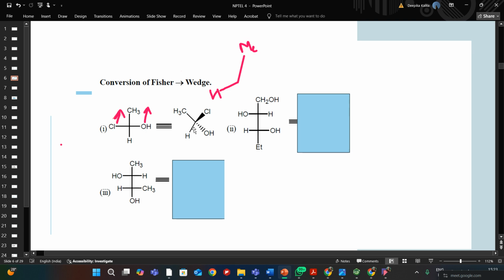Hence, you will get a wedge diagram of the molecule in this way. Okay.